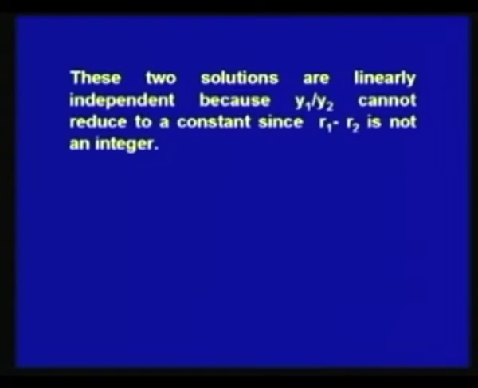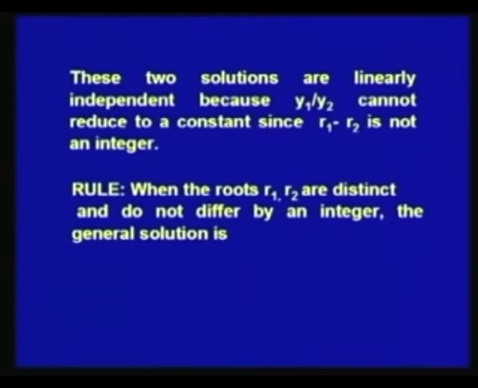Now these two solutions y1(x) and y2(x) are linearly independent, because y1 over y2 cannot reduce to a constant, since r1 − r2 is not equal to an integer.